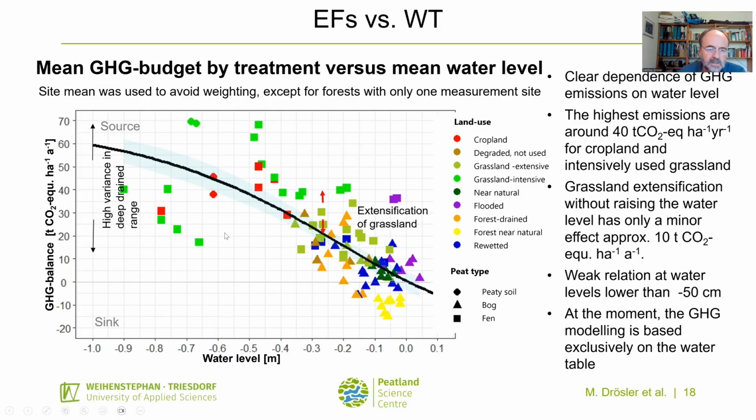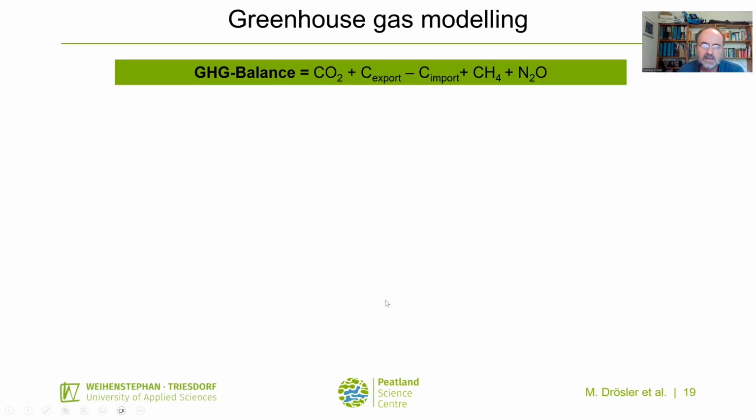And there the high variance comes a lot from other factors, like land use intensity, for example. But what is also interesting is that there were areas which were net climate cooling, like these near-natural forest parts here on the bog peatland.